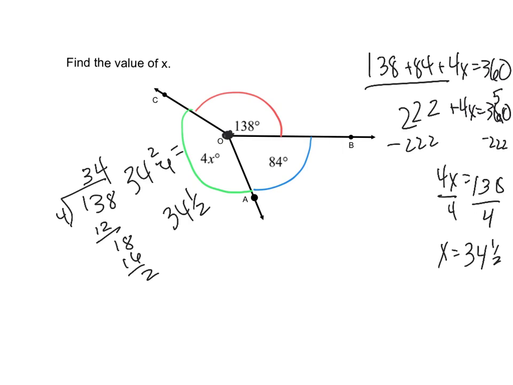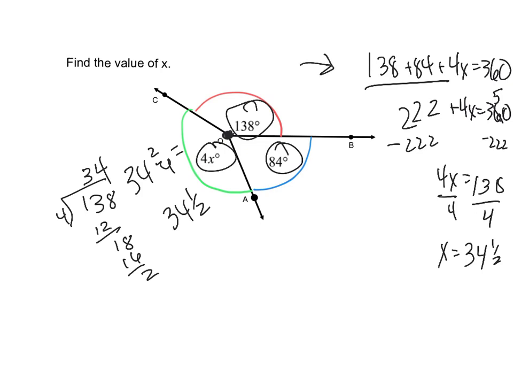Okay, so hopefully you got x equals 34.5. It doesn't matter if you give your answer as a decimal or a fraction on this problem because you were given only whole numbers, so you can choose either. All right, so if you did not get 34.5, why not? Look at your work compared to my work. I took all three of these angles, added them together, and set them equal to 360 degrees.